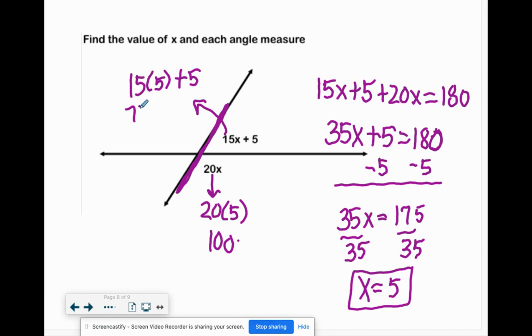So this will give us 75 plus 5. Oh, sorry. So this one would be 80. This is 100. This angle right here would be 80. I just showed my work over there. That's kind of confusing though. I should probably erase that.